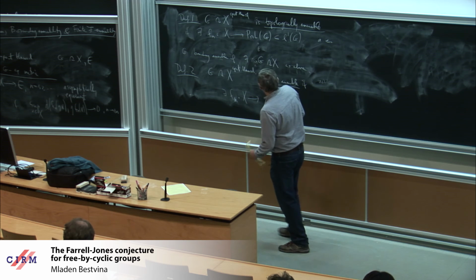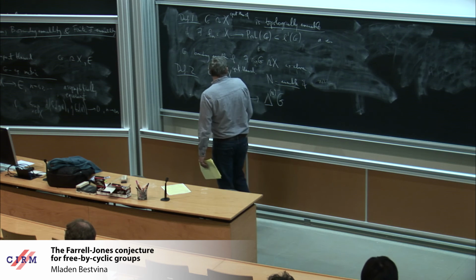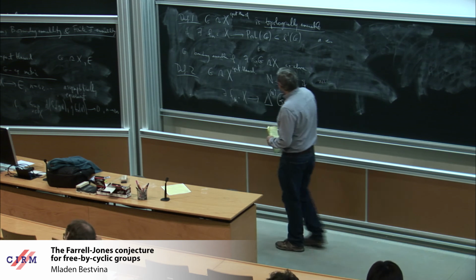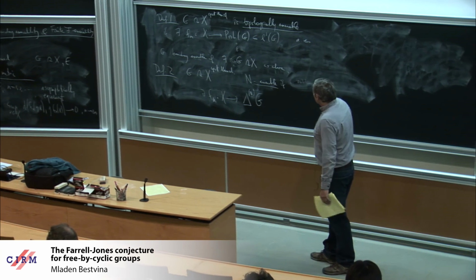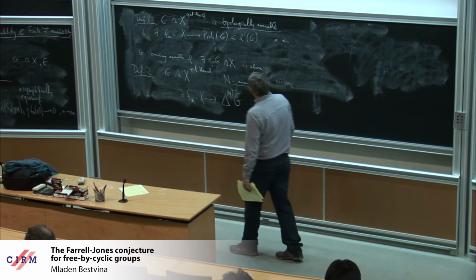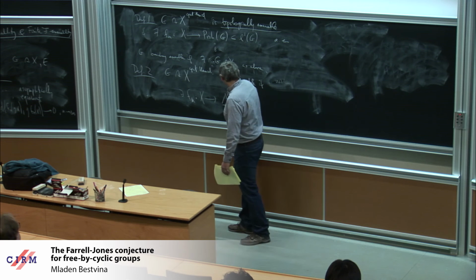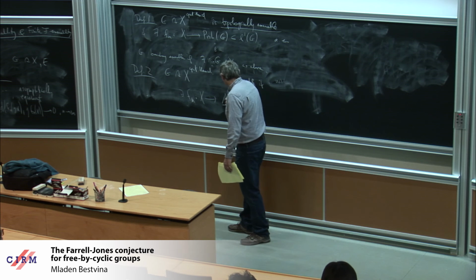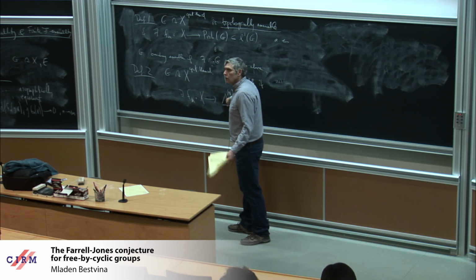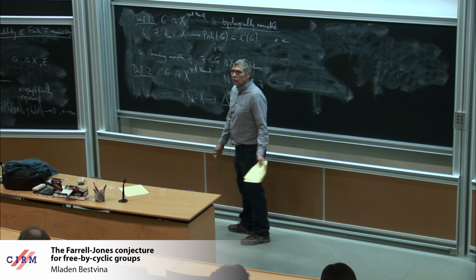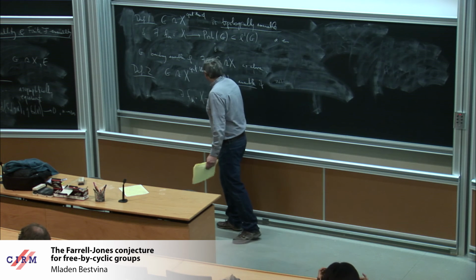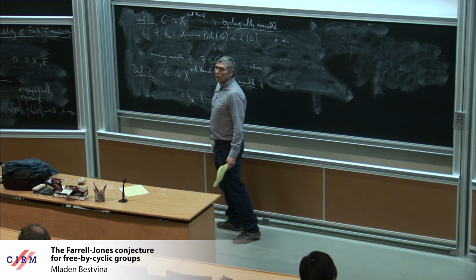And you have to be able to come up with this sequence F_n, just like in the definition above. Notice that this is stronger. A point in here is going to have barycentric coordinates that give you a probability measure on G supported on n plus 1 points. So if you have this, then you also have this, right?